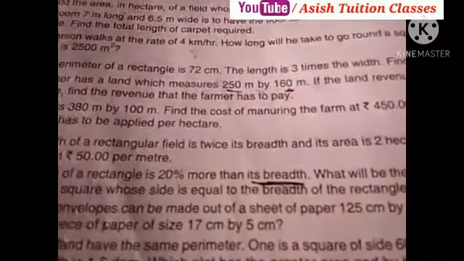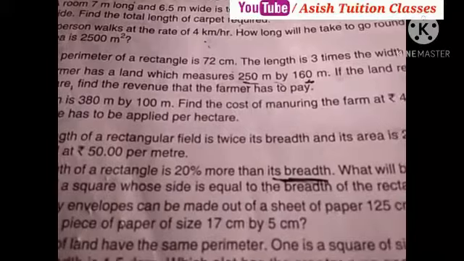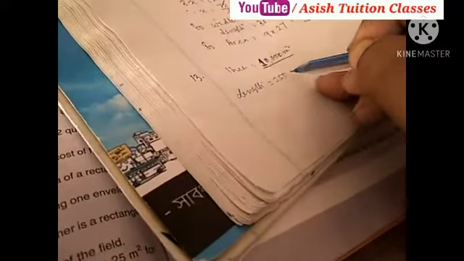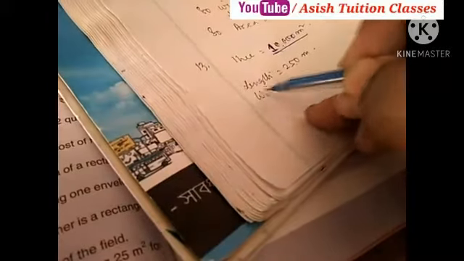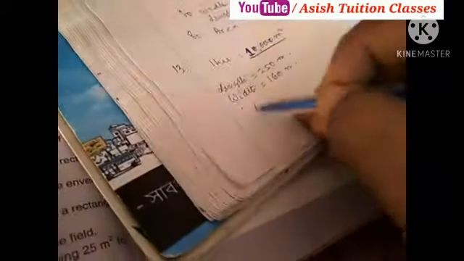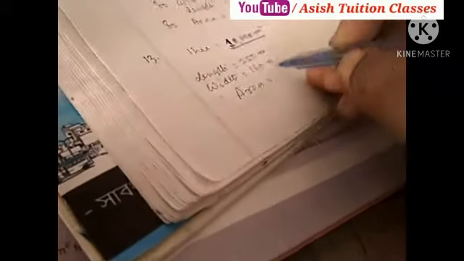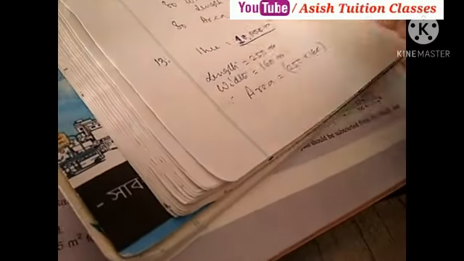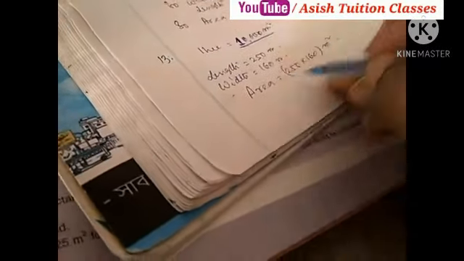So at first we have to find out the area of the land. Length is equal to 250 meter, width is equal to 160 meter. Therefore area will be equal to 250 into 160 meter square.